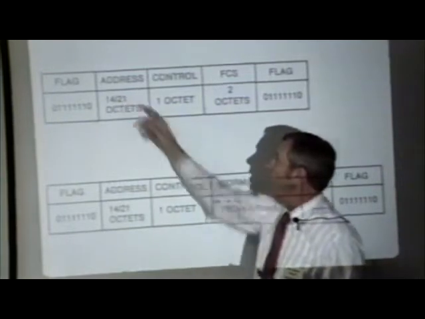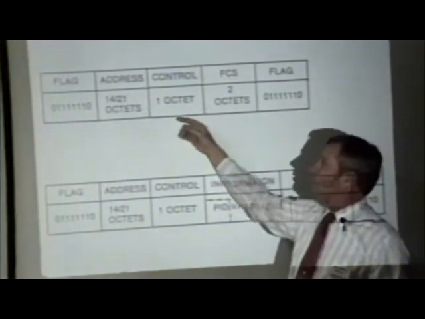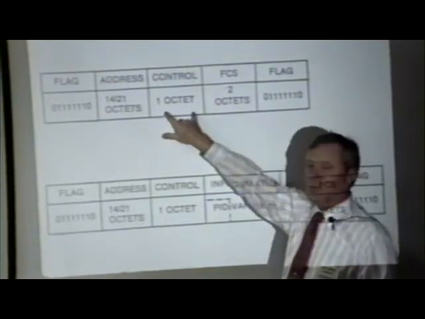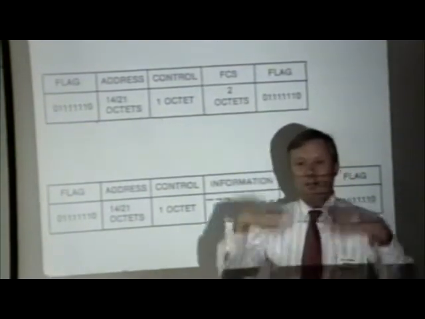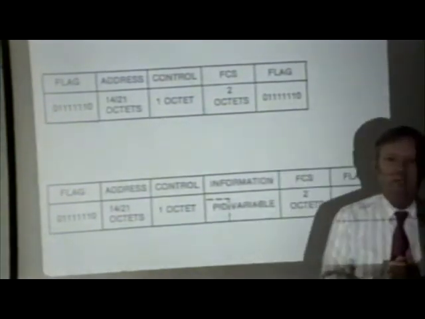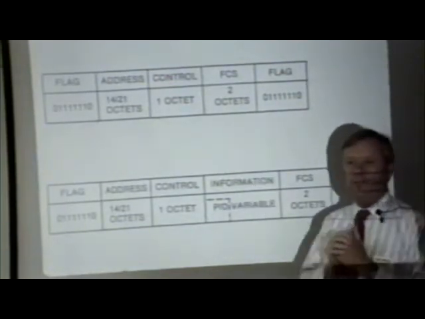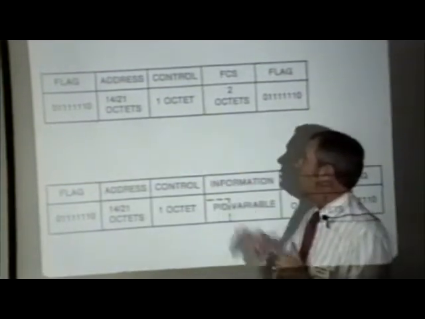That's where it goes, right in there. We have one octet, these 8 bits right in here, that tell the TNC, what is this frame? Is it a receiver ready? Is it a receiver not ready? Is it a reject? Is it a disconnect? That's how he knows what it is.